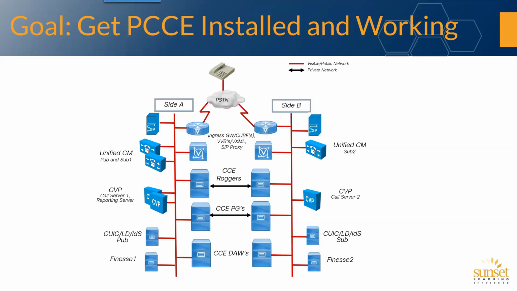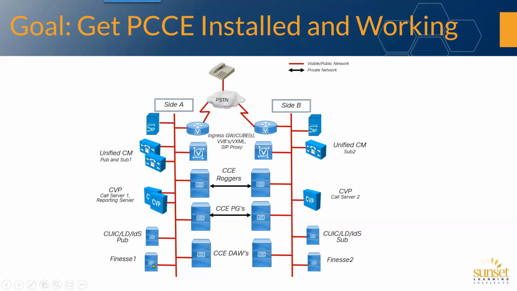The PCCE deployment model that we're looking at is packaged rather than unified. Packaged, as you may be aware, has related to it a side A and side B UCS server, which contains CCE roggers, side A and side B, some peripheral gateways, admin workstations.